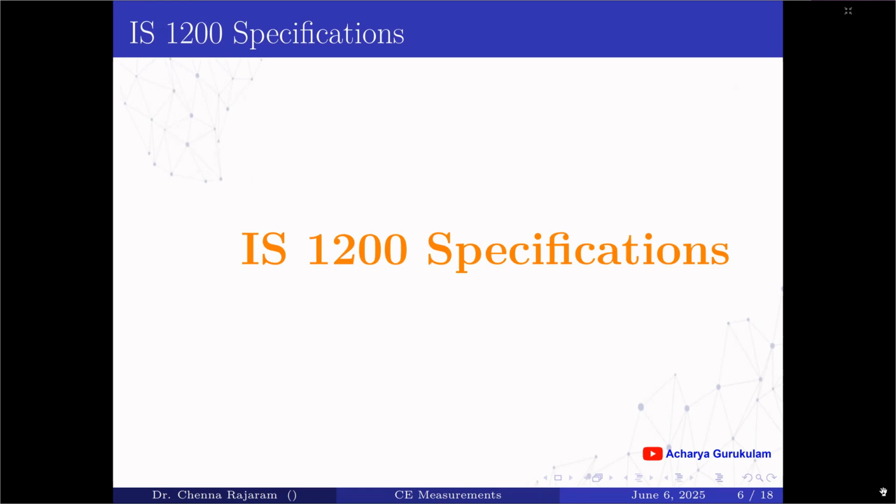Now we'll discuss the various specifications that are there in IS 1200. The IS 1200 code is divided into 29 parts.